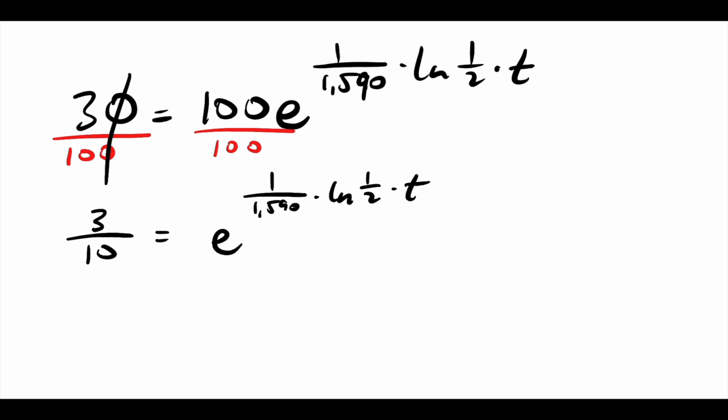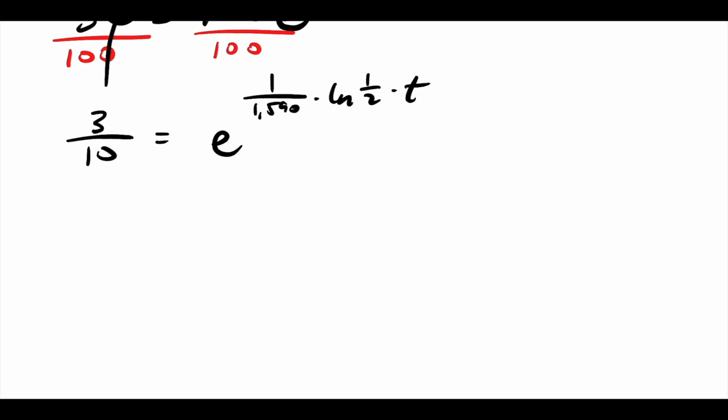Okay, so what now? There you go. Convert it to a natural log. So we have to convert it to a natural log. So the equation is going to say natural log of something equals something. The question is, where is that something and something going to be?